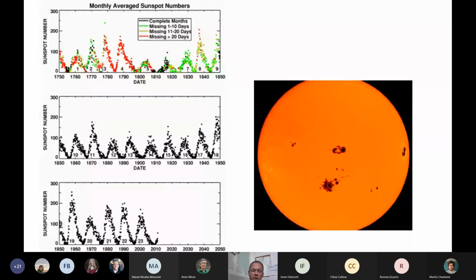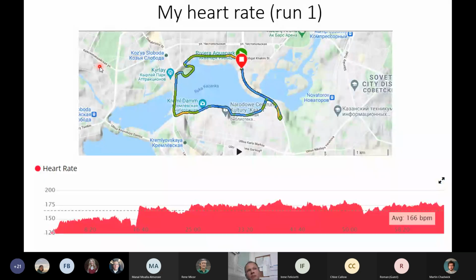Of course, coming back from the microscopic level to the real world, to the world of human beings, we can find examples of stochasticity and randomness if we're talking about ourselves. This is my heart rate during one of the runs that I made in Kazan, in Russia.